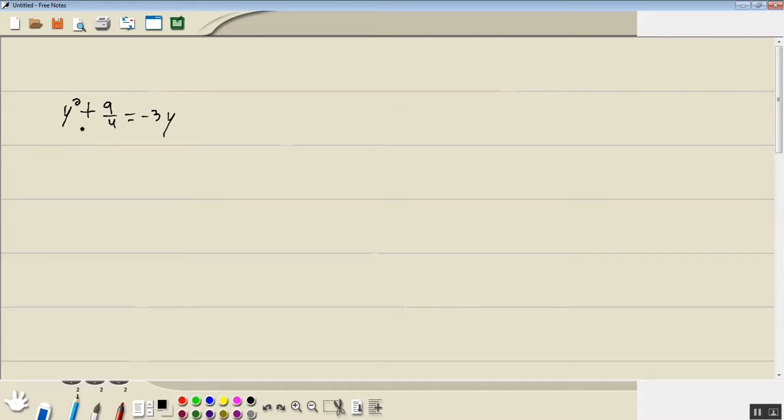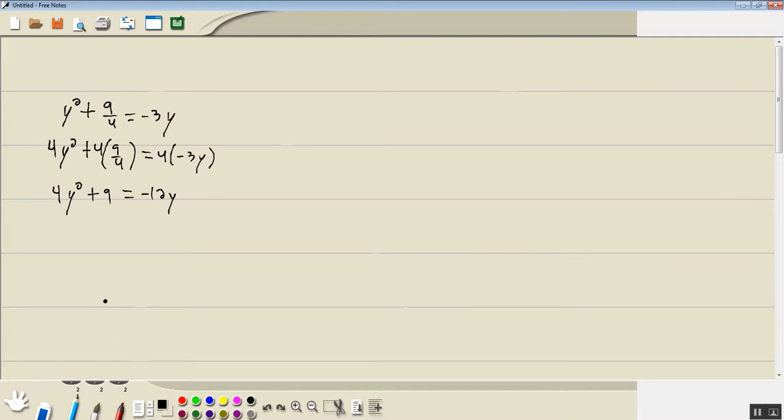Every situation I can think of, you do. So we're going to multiply everything by the LCM of all the denominators. So we'll multiply everything by 4. So we got 4 times y squared, 4 times 9/4, and 4 times negative 3y. So that's going to give us 4y squared. These 4's cancel. We've got 9 equals 4 times negative 3 is negative 12y.